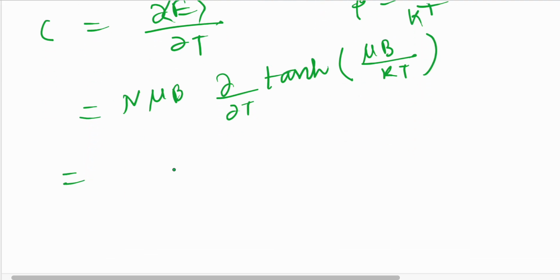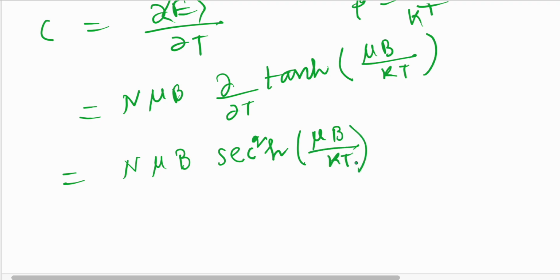Now N mu B, the derivative of tanh will become sech squared of mu B by kT, and what remains with respect to T is minus mu B by k T squared, where a minus sign is already there.